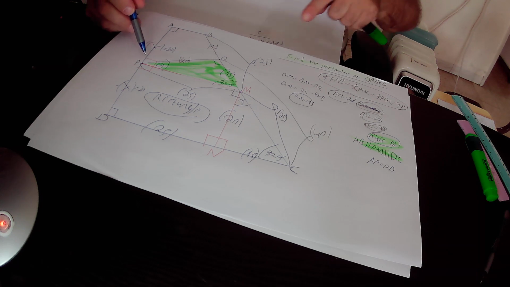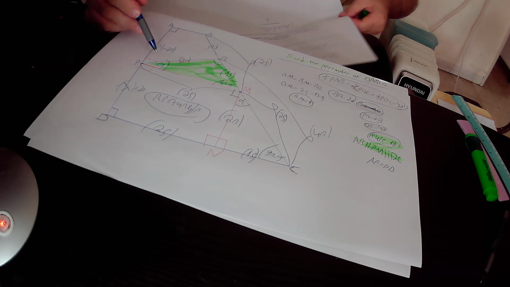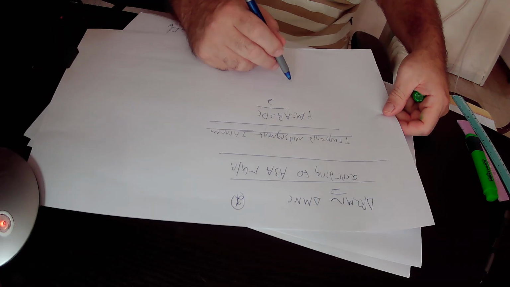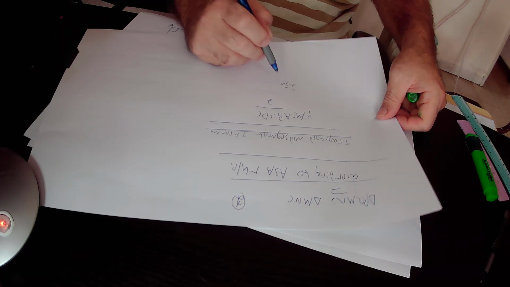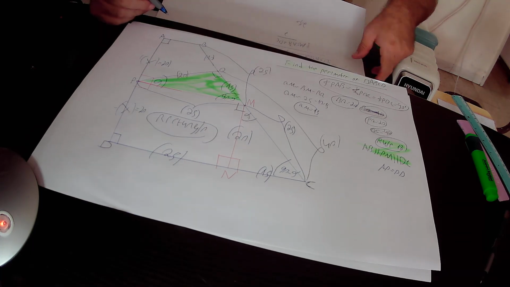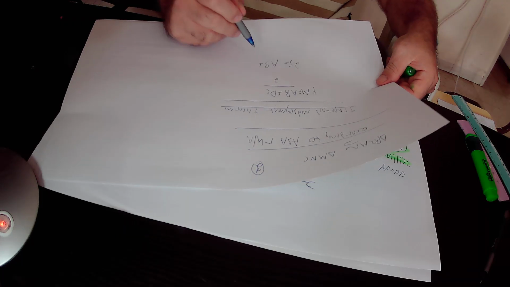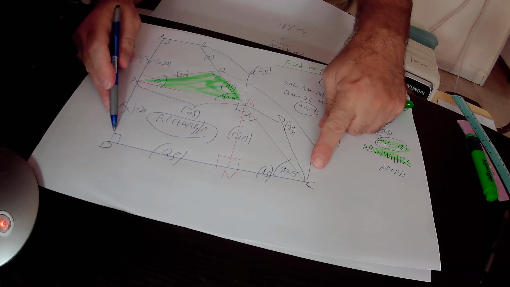But we already found out that PM equals 25, so we can substitute PM by 25. So 25 equals AB plus DC over 2, where AB is the missing side and DC in total equals 25 plus 15, that is 40.